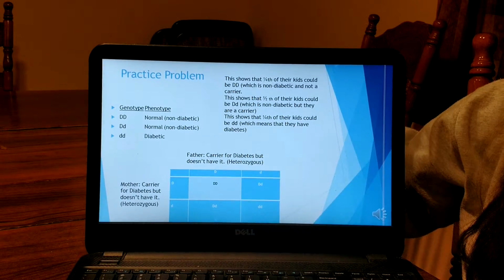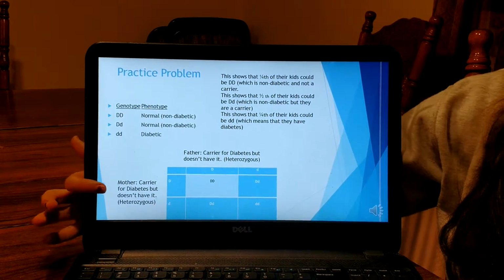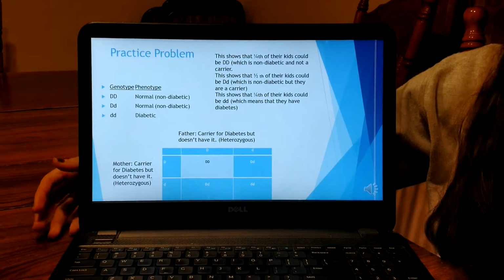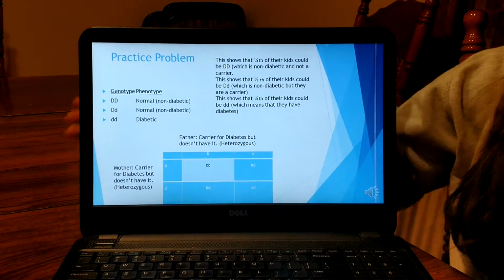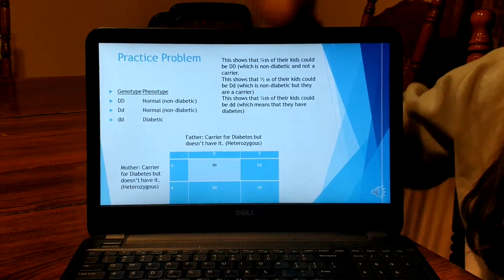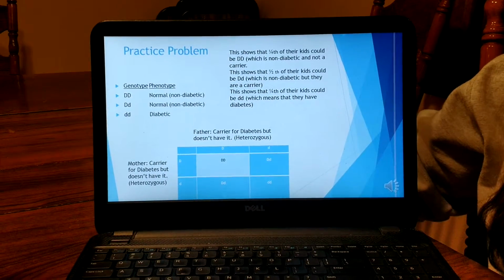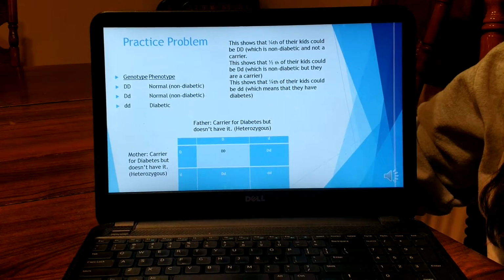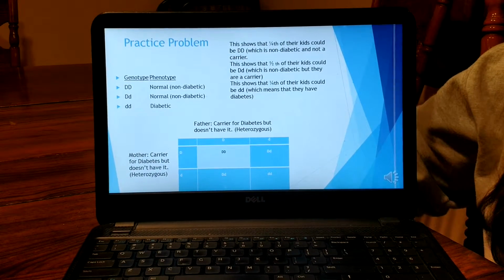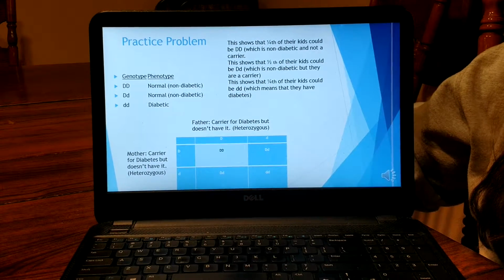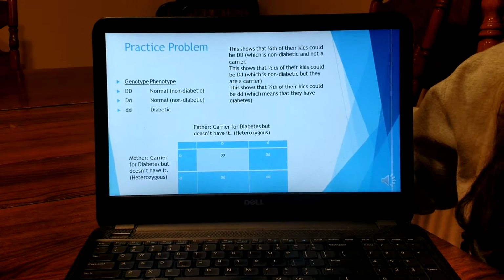So if you have a mom who has a big D and little d, and a father who has a big D, little d, neither of them have diabetes, but they're both carriers for it. So that shows that 1/4 of their children have the odds of becoming diabetic, while 1/2 of their children have the odds of not being diabetic but being a carrier, while only 1/4 of their children will not be diabetic and not be a carrier.